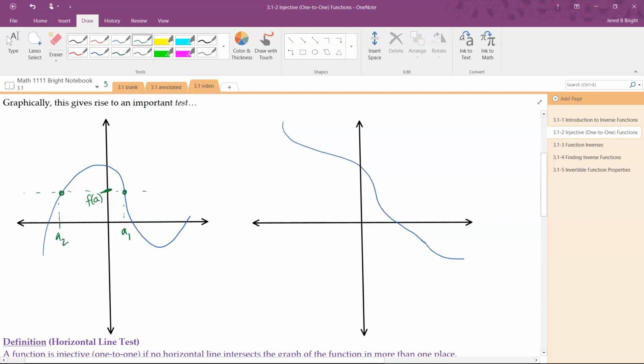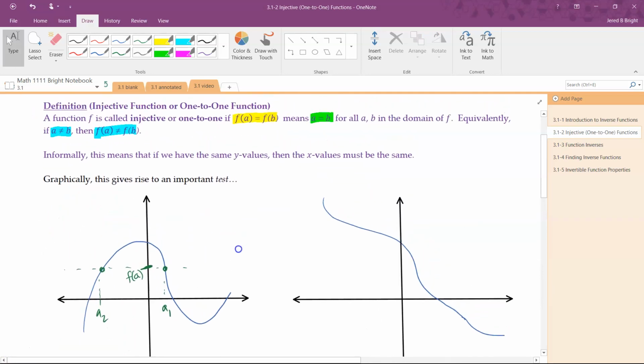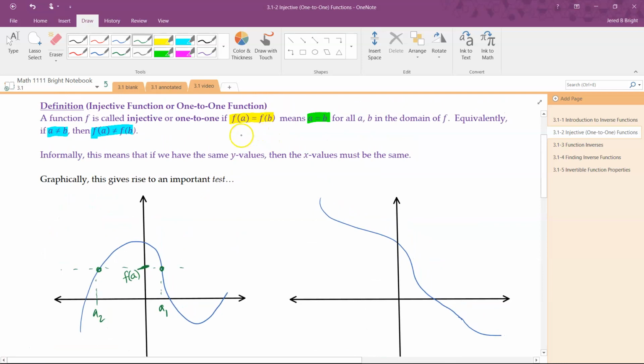So there's two x's corresponding to the same y, so that violates our rule, right? We have the same y value, but we have different x values, okay? So this one on the left would be not injective, okay?